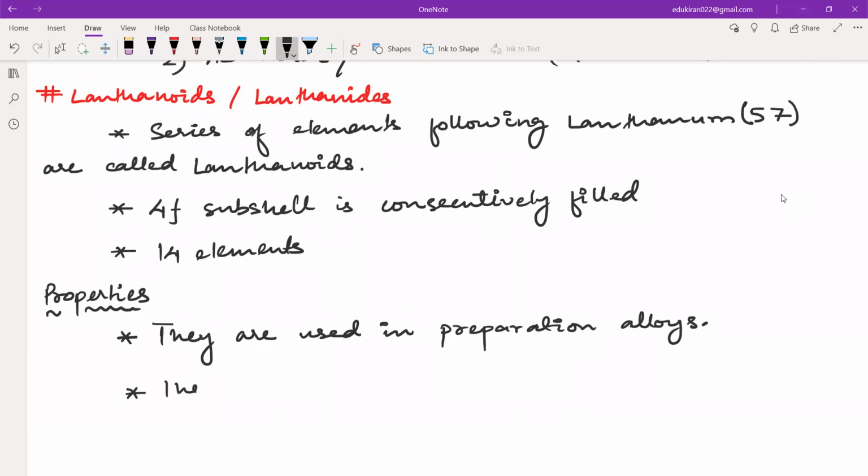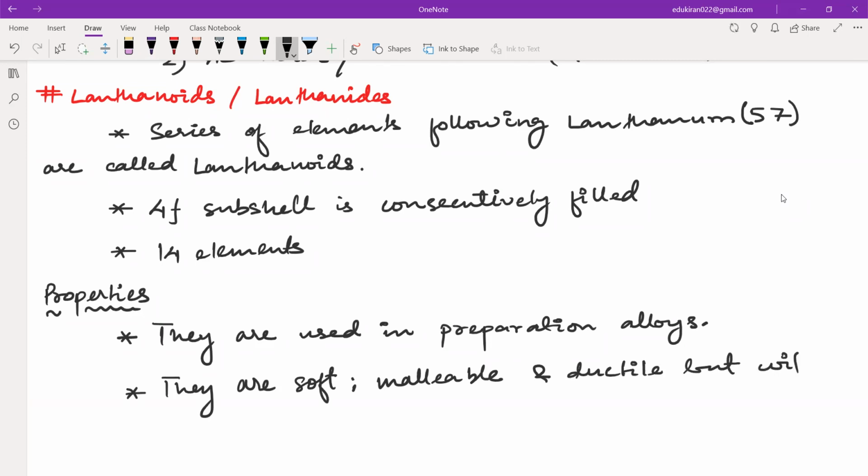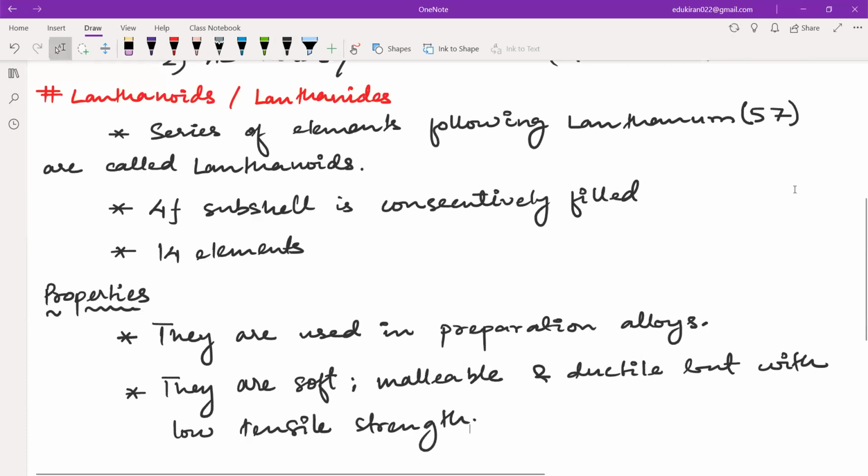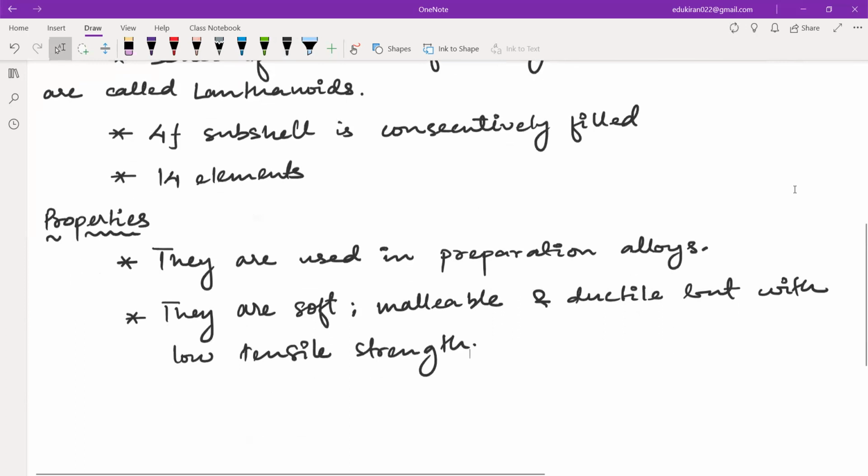Next, they are soft, malleable, and ductile, but with low tensile strength. Now, this is the general property.